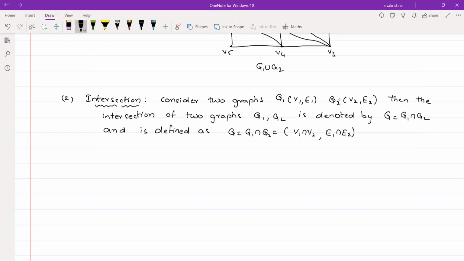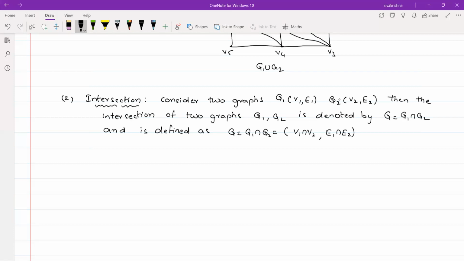So the vertices we are having in common in both the graphs G1 and G2, and the edges we are having in common in both the graphs, those vertices and edges are to be represented in the graph G1 intersection G2.